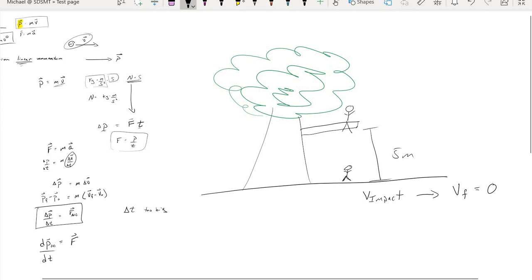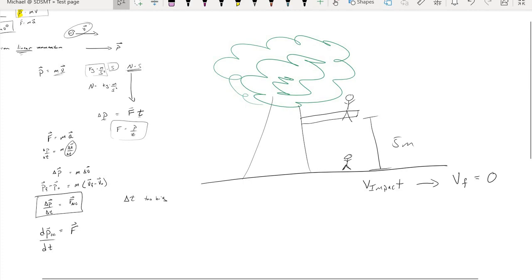That's not something that we've really done yet in any of our problems. We've been focused a lot on starting with some initial velocity and figuring out what the impact velocity is going to be when we get to the ground.